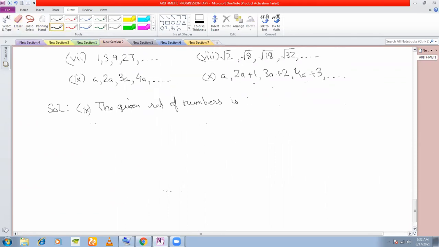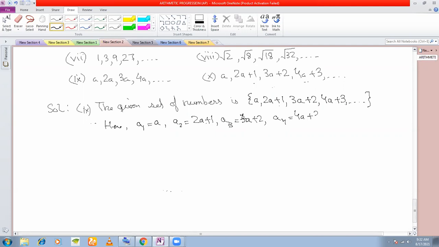The given set of numbers here is A, 2A plus 1, 3A plus 2, 4A plus 3, and so on. First term here is A, second term here is 2A plus 1, third term here is 3A plus 2, fourth term here is 4A plus 3.